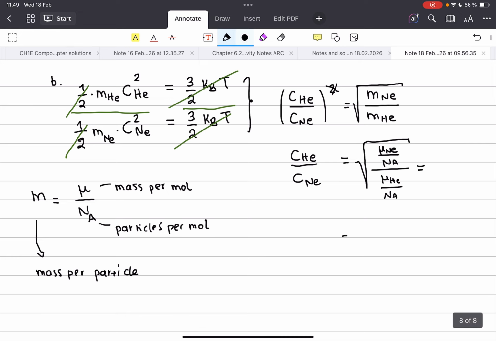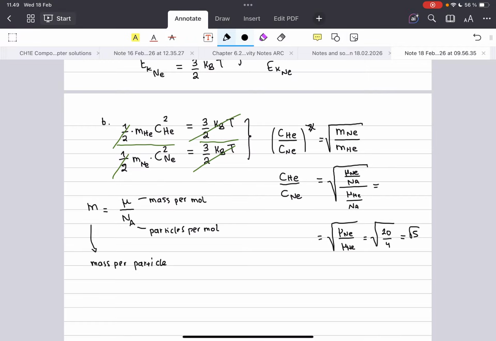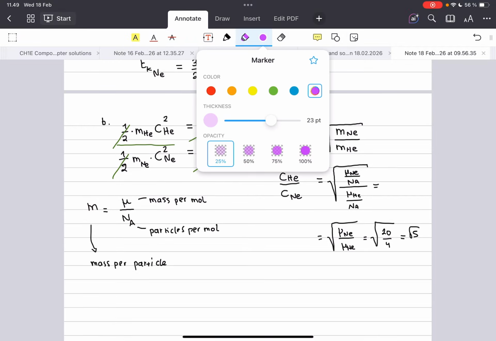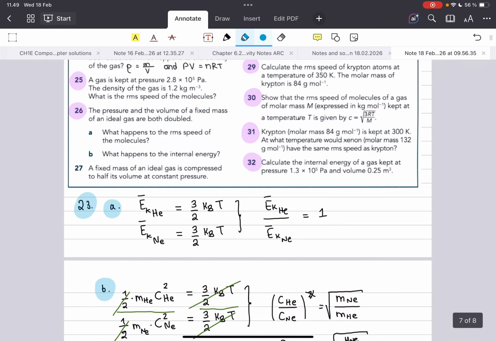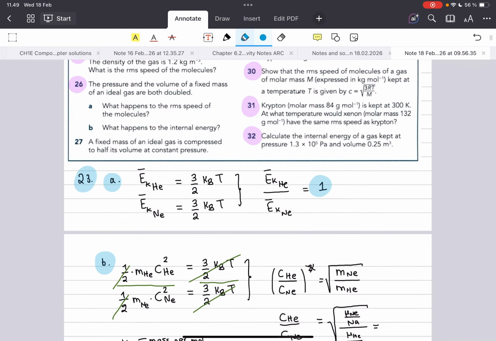When you do this calculation, you will find that this is equal to the ratio of the molar mass of neon over the molar mass of helium, which is the square root of 20 over 4, which is the square root of 5. So, I hope this helped. So for B, the answer is square root of 5. And for A, question 23, the answer is 1.